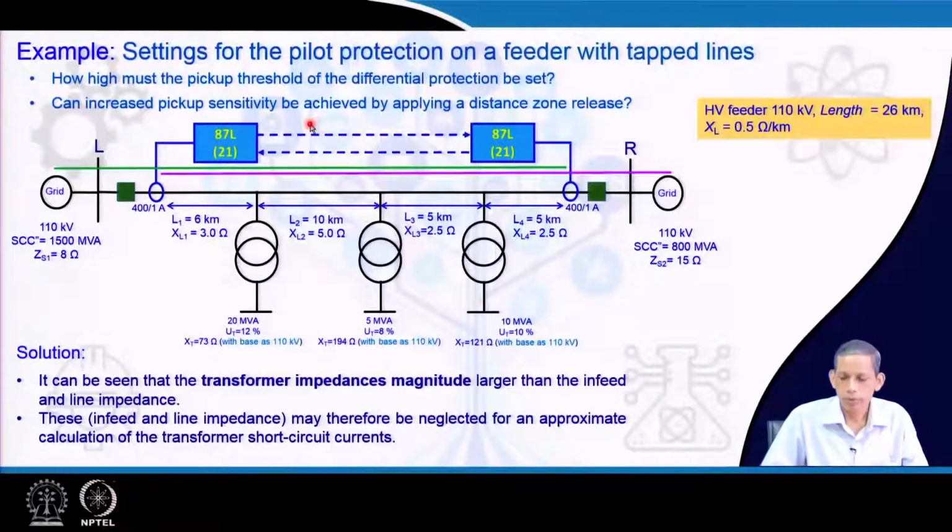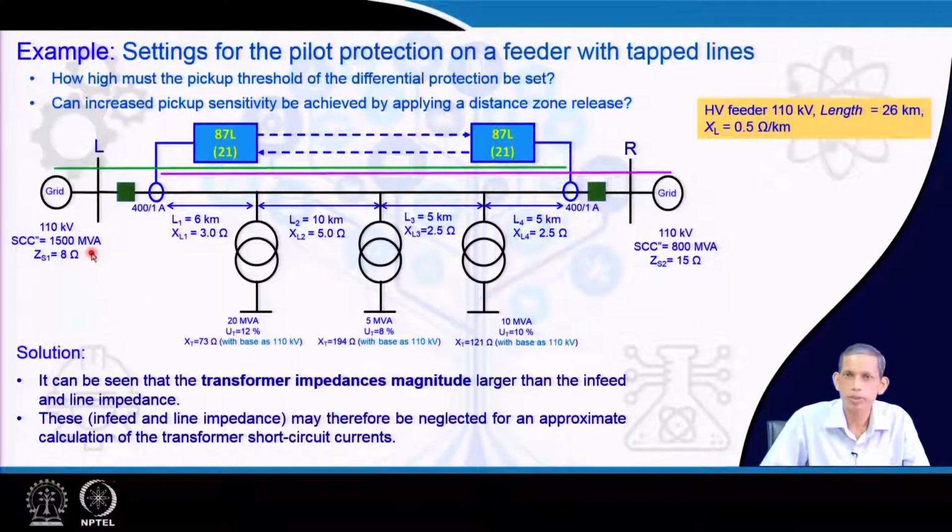Now, let us go to an example; it will clarify better what we intend to address here. Here we have the grid connections, we have a feeder here, and at different points of the feeder we have taps connected via transformers: 20 MVA, 5 MVA, 10 MVA transformers are connected, three transformers connected through tap lines which are feeding different loads.